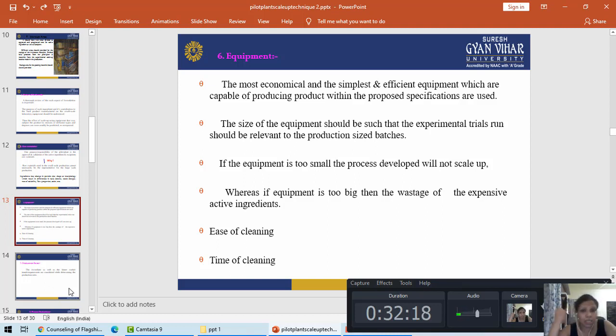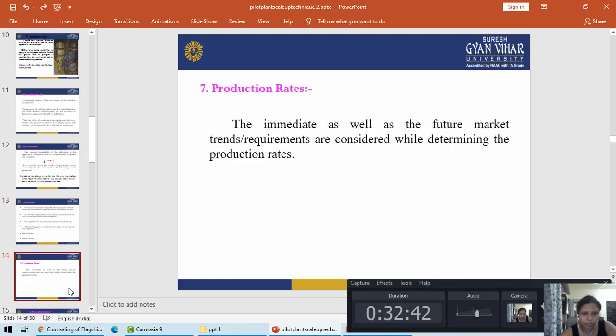Equipment should be easy to clean, and cleaned in a timely manner. The equipment should not be very big as well as not too small, and the size of the equipment is relevant to the production size. So all these things you should consider while you are designing the equipment.